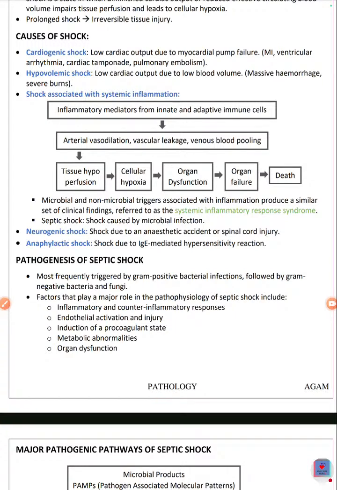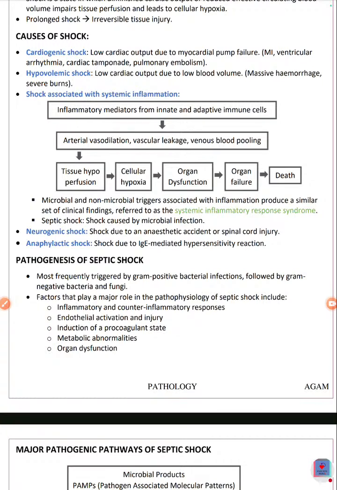Metabolic abnormalities are seen along with organ dysfunction.